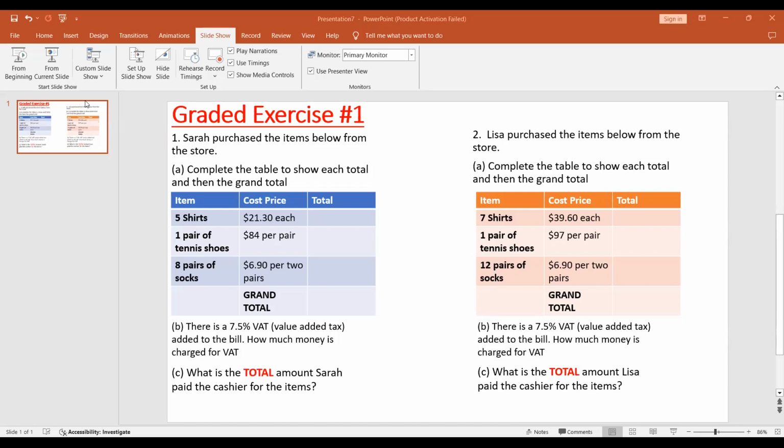Okay. And Jalen Butler, where's Jalen? Yes, sir. Jalen, you need to use a ruler when you're drawing the table. Do you hear me? Jalen, do you hear me? Yes, sir.